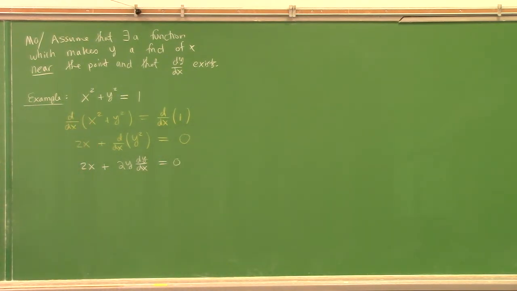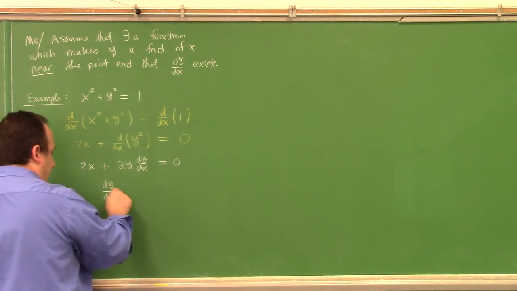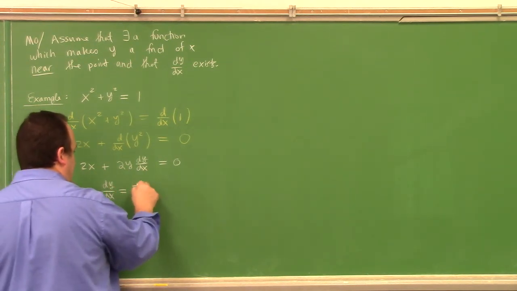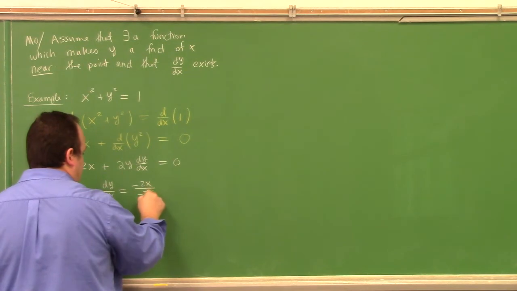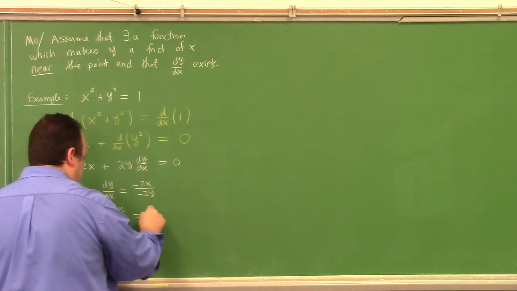And that's the best I can do, because I don't actually know what y is. Imagine for a second that we hadn't done the algebra on the previous board. Then you could still do this, and what you would find is that dy dx is equal to minus 2x over 2y, right? So dy dx equals what? Minus x over y.